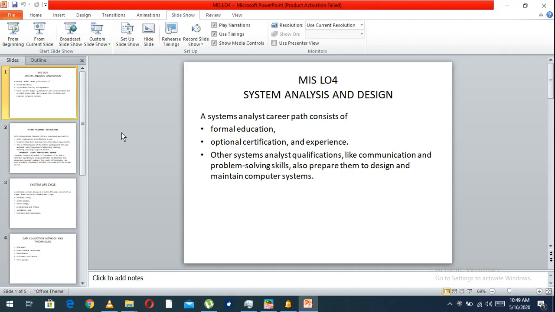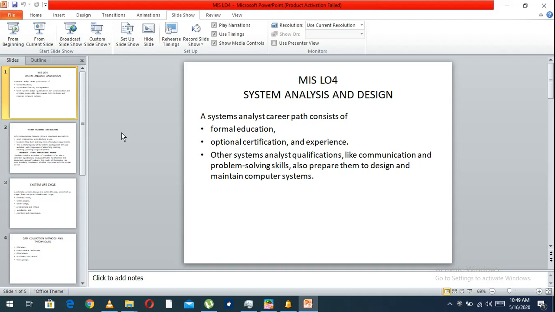A systems analyst must have a degree in computing and information systems. Those are the formal education which is a prerequisite for one to be a systems analyst.